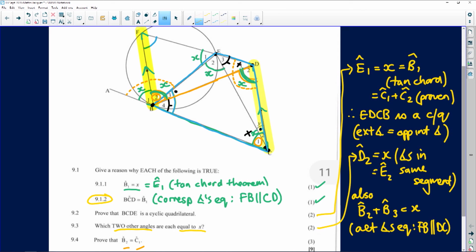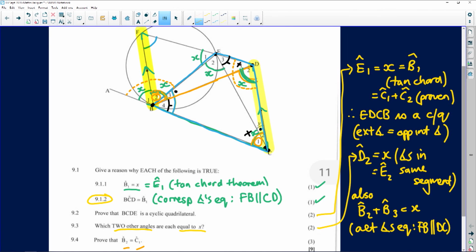Now, folks, if you look carefully at what we've got, B2 plus B3, this whole angle here, is equal to C1 plus C2 over there. But B3 is equal to C2, angles in the same segment. Therefore, C1 must equal B2.